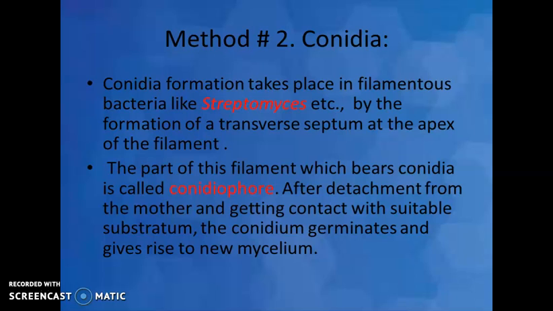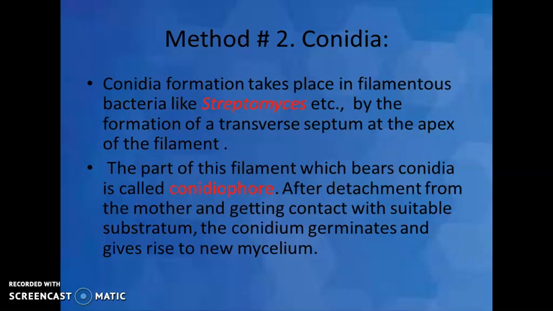The next method of reproduction in bacteria is conidia formation. This takes place in filamentous bacteria like Streptomyces, by the formation of a transverse septum at the apex of the filament.